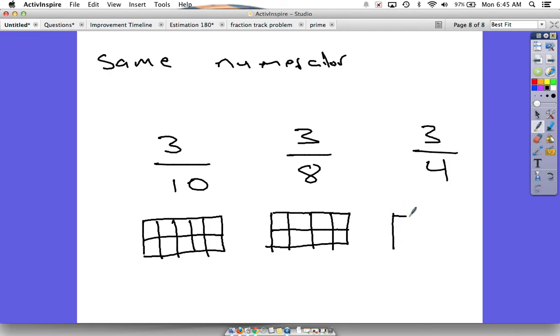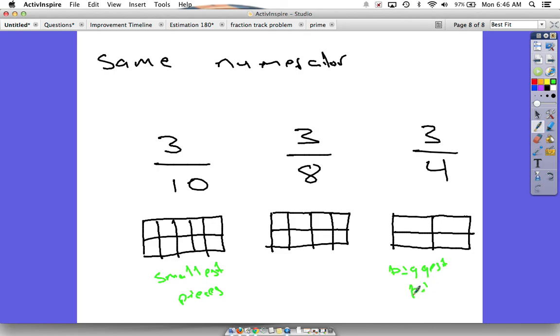I'm not the greatest at drawing here, but we'll do our best. And 3/4. Now, if you take a look at this, 3/10 has the smallest pieces. This 3/4 has the biggest pieces.